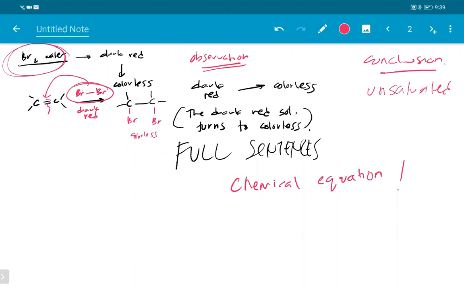Ni Amirul Hakim ni, Br2 change direct solution to colorless. Macam ayat dia macam ni lah, macam ada tergantung sikit. And bromine change, bromine is the direct solution. The direct solution is bromine sebenarnya. Yang kau tengok jawapan awak kat sini. Bromine change direct solution to colorless.